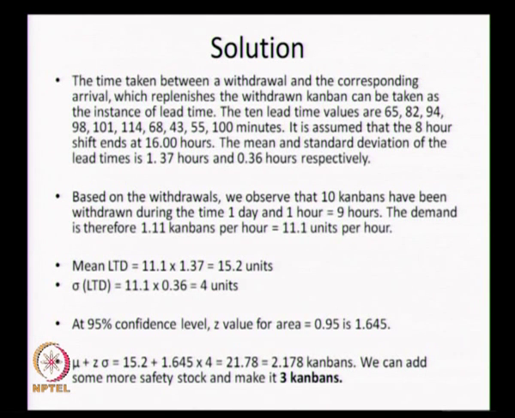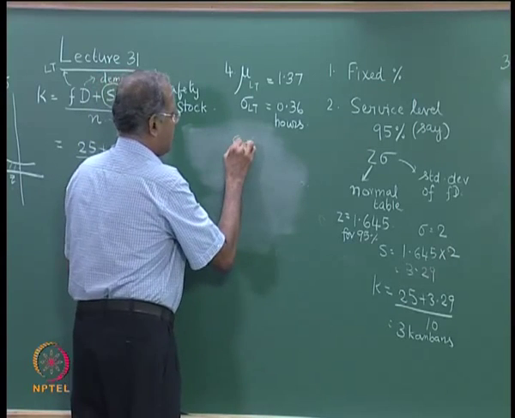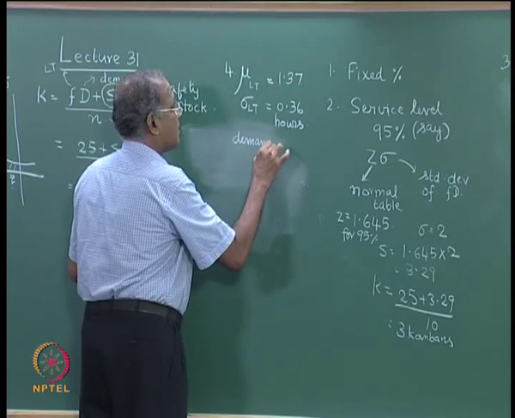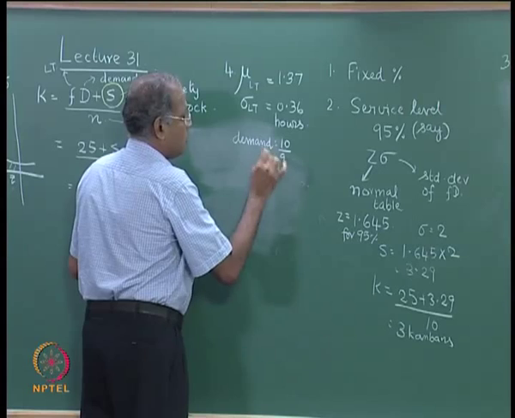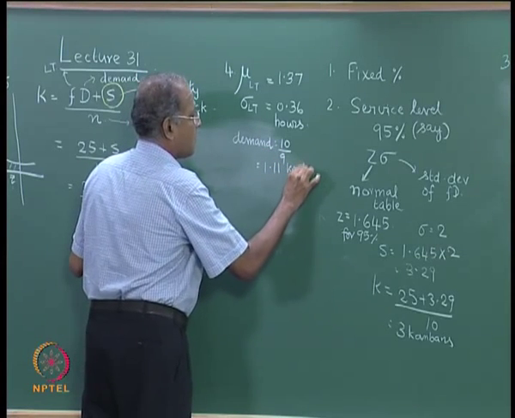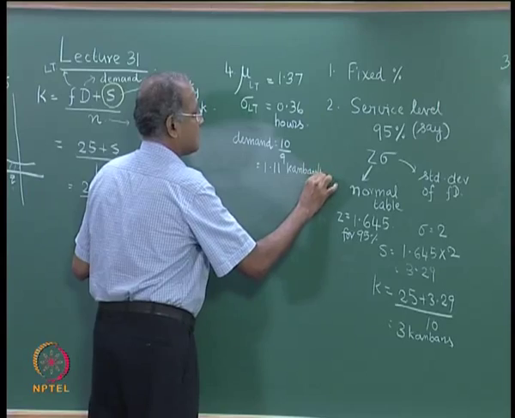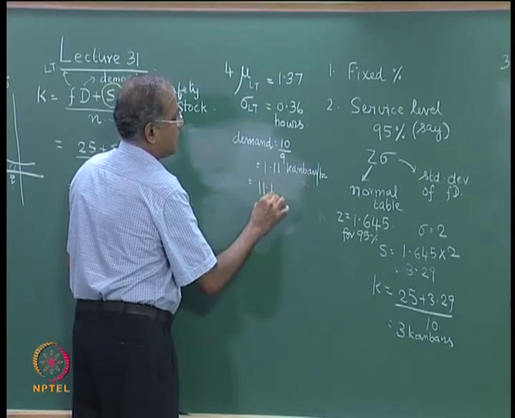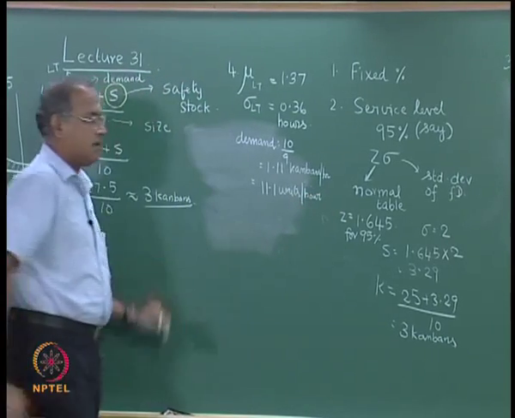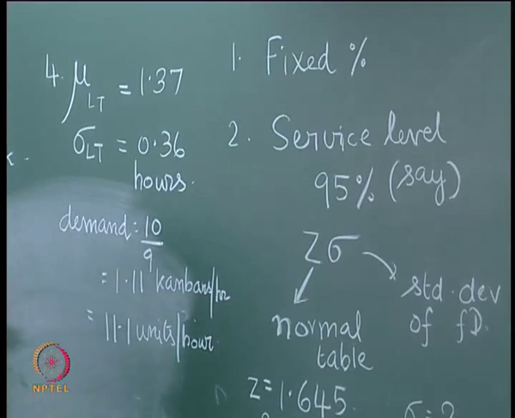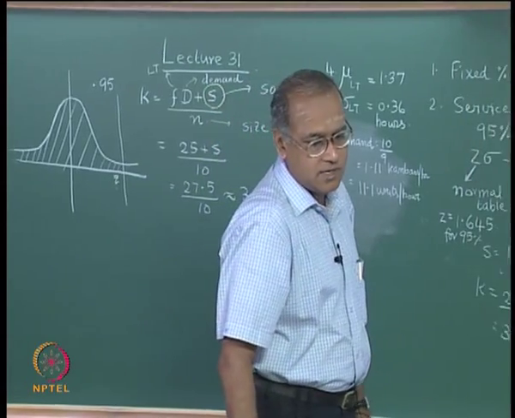So demand is 10 by 9 Kanbans per hour, which is 1.11 Kanbans per hour, which is 11.1 units per hour, because each Kanban has 10 units.